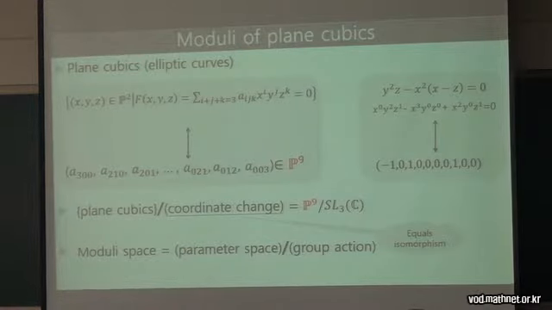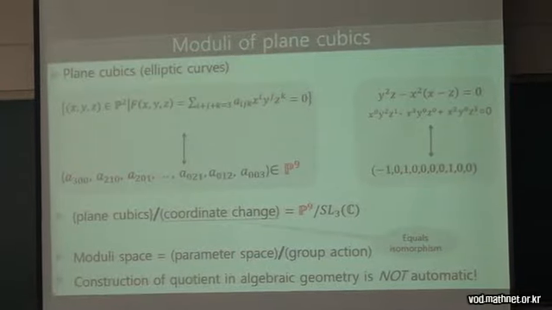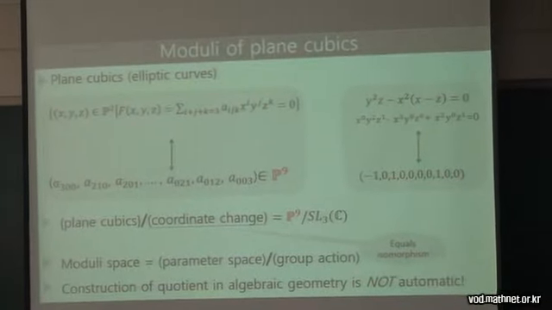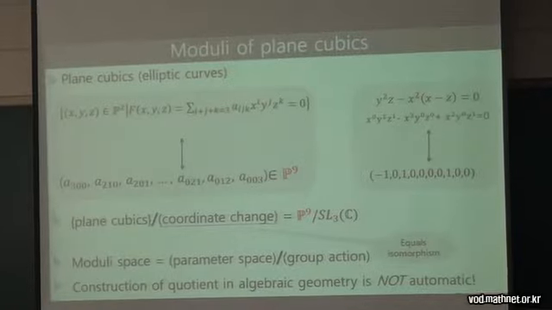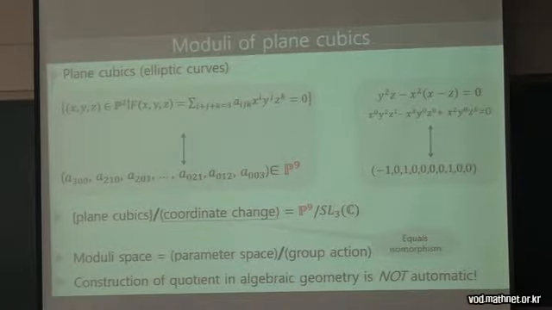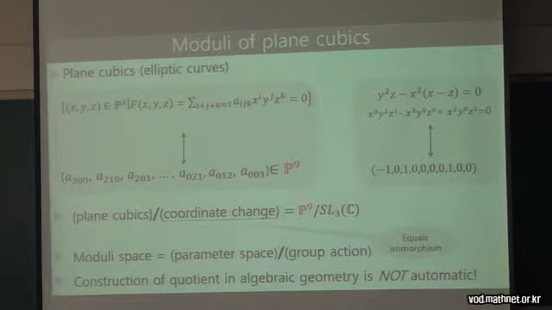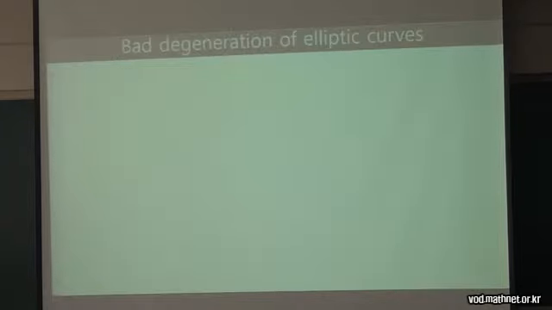So if you construct this quotient space, then you're going to get the moduli space that you want. But the problem is that construction of a quotient space in algebraic geometry is not automatic, as you can see from the following example.